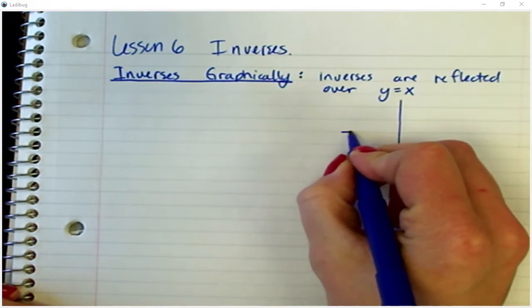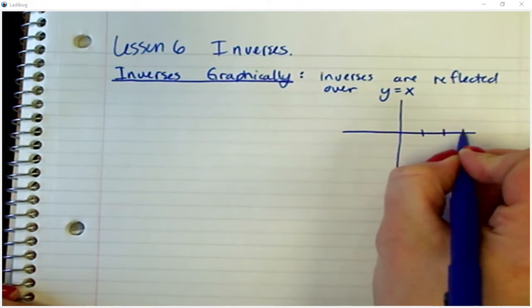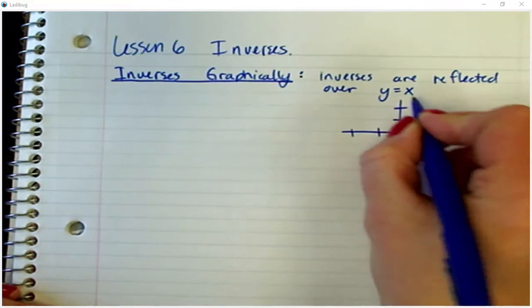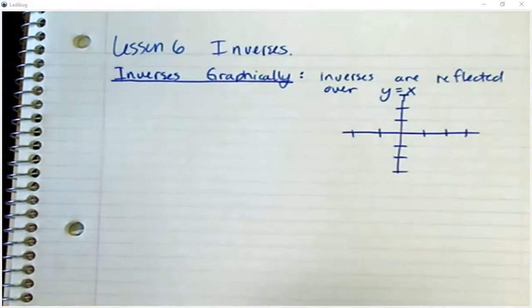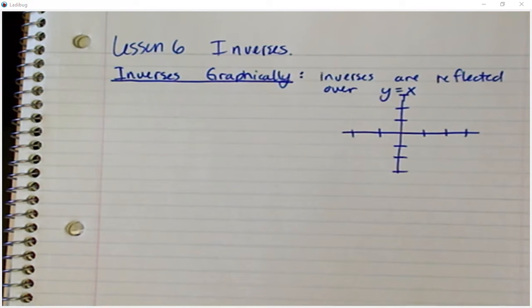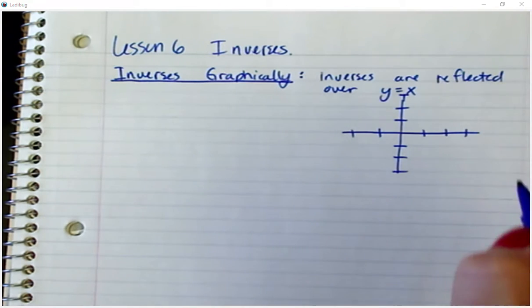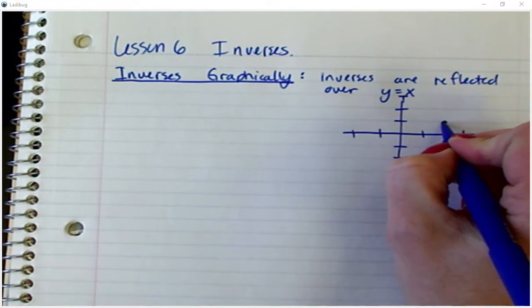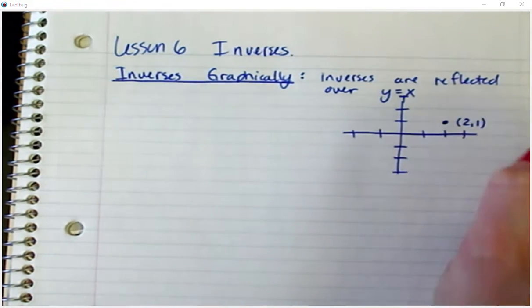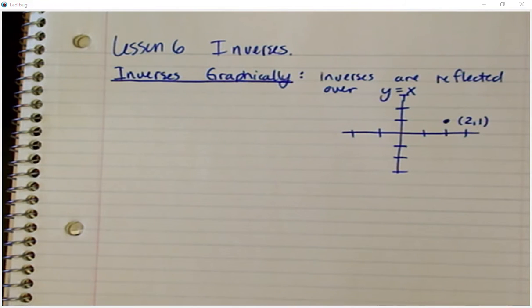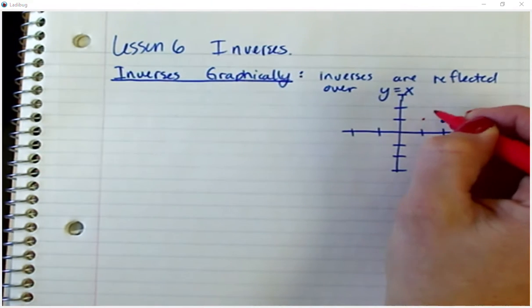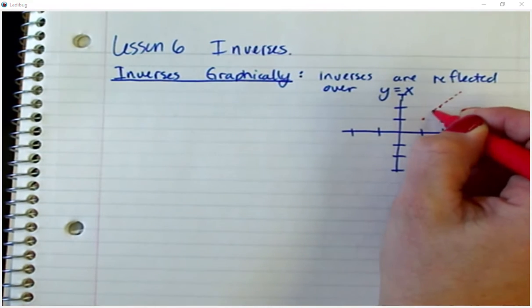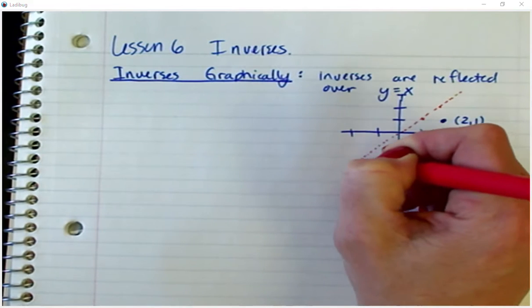The graph is not going to be very big, just a couple points, like maybe count by threes. So if I have the point 2, 1, I'm just going to dot my diagonal line here.